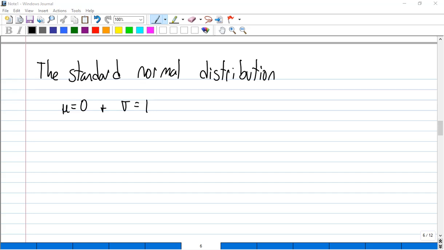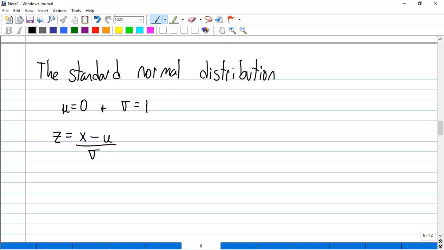some of these areas. Now, normally what we're going to have to do to standardize a value, a variable, we're going to have to use the z-score formula. Remember, it was x minus mu over sigma. So that's if we don't have a standard normal distribution and we want to change it over and standardize the value.